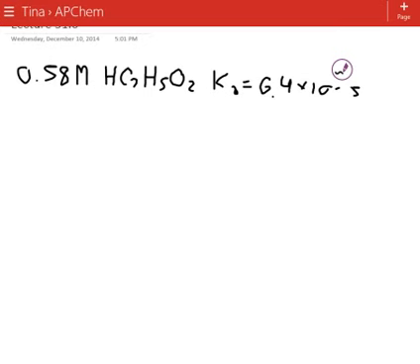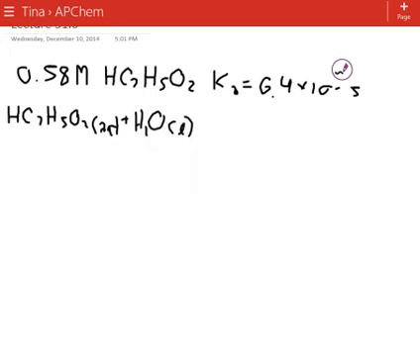Okay, so to begin with, we will put the solution into water. So it would be HC7H5O2 aqueous plus H2O liquid equal to H3O.